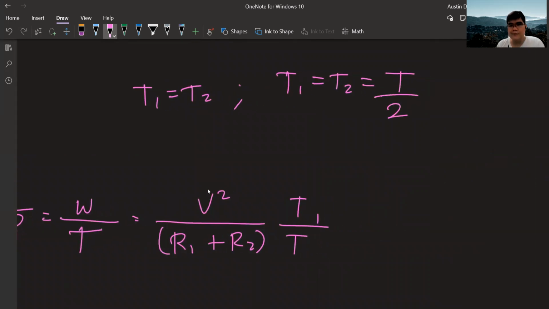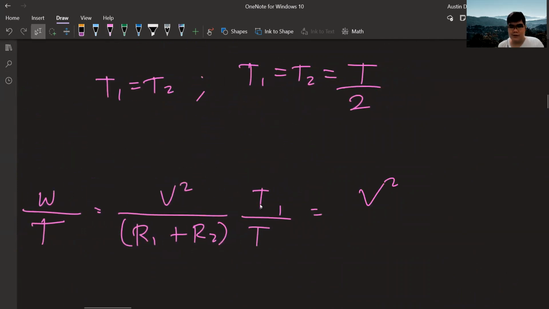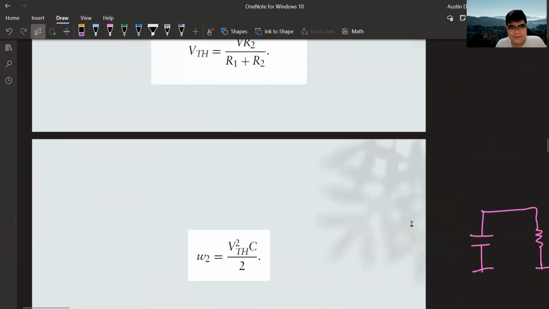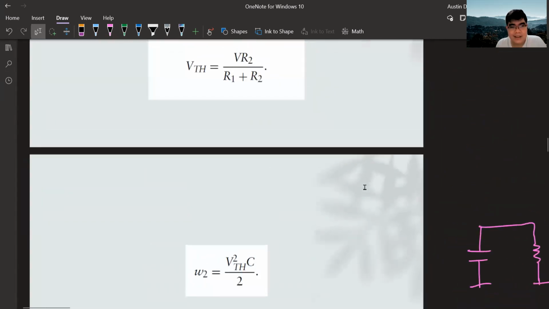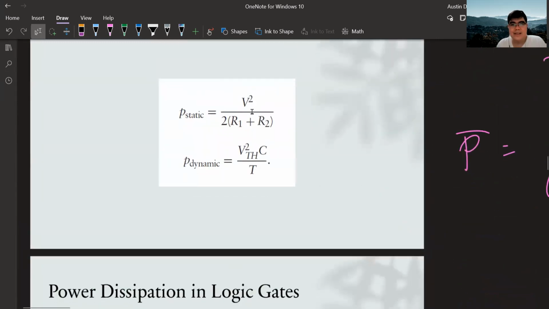Okay? Therefore, this is just V squared over 2 times R1 plus R2. Okay, so yes, it is correct. The process is right. I was just confused earlier. P-static. Okay? Yes.